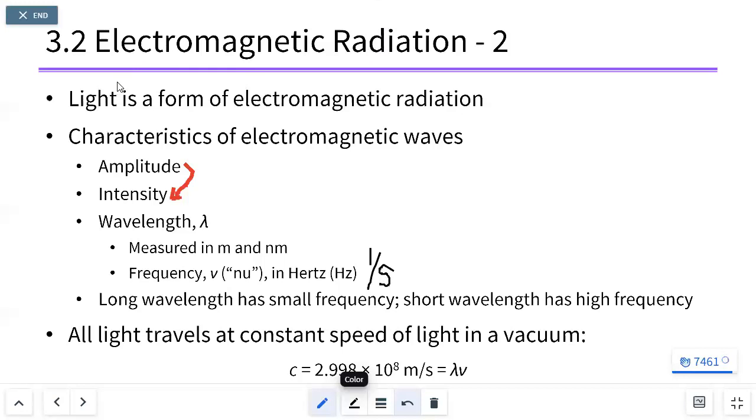Now, since we're talking about light, and light travels at the speed of light, 2.998 times 10 to the 8th meters per second, I know that regardless of what my frequency or wavelength is, I'm going to see a lot of waves in that second.